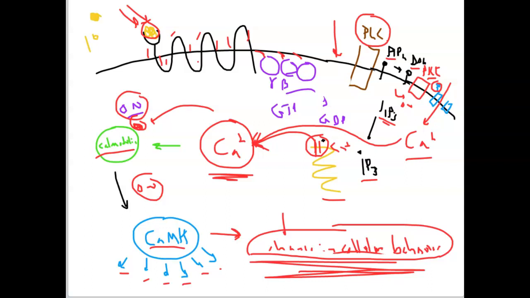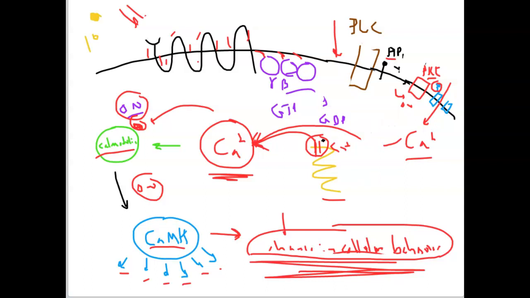But if instead that primary messenger, that ligand, is not in the receptor, phospholipase C will cease being active. PIP2 will no longer be cleaved. We will no longer have DAG made. We will no longer have IP3 made.